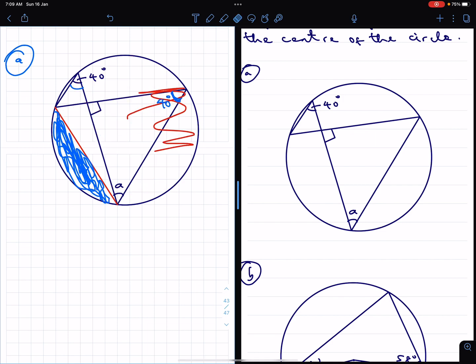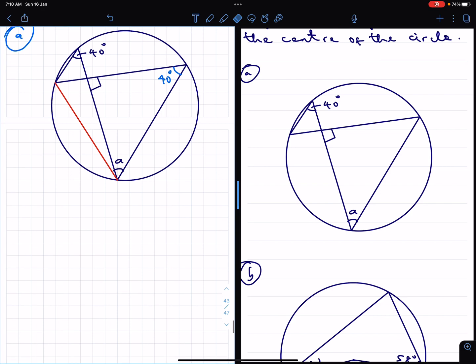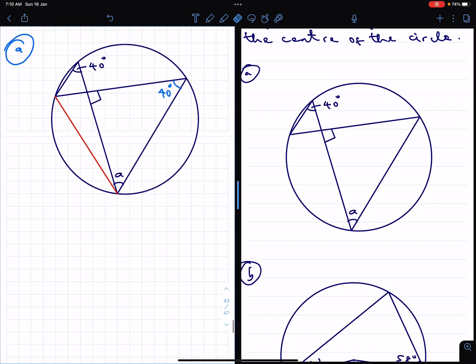Now let me erase to make that clearer. This angle will also be 40 degrees, because this angle and this angle are both in the major segment, so angles in the same segment. Now we can find A. 90 degrees plus 40 plus A is 180 degrees, sum of angles inside this triangle.